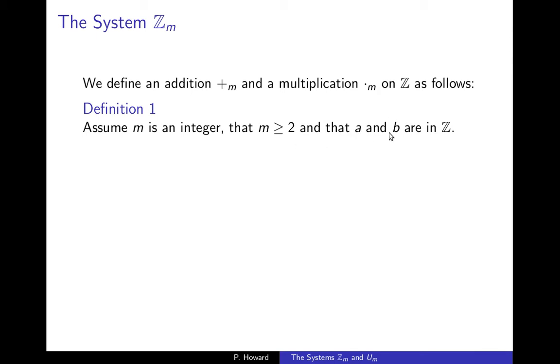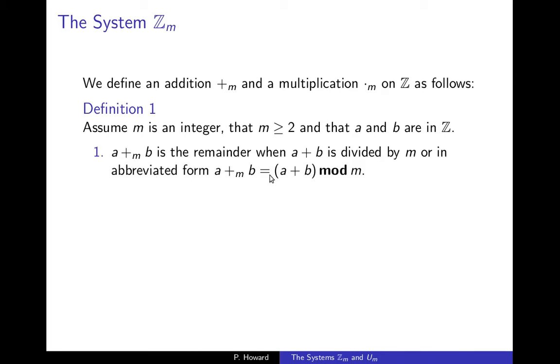And now we're taking two other integers, a and b. a plus sub m b is defined to be the remainder when a plus b, ordinary addition, is divided by m. You could say that in pretty short form using our previous notation: a plus sub m b is (a plus b) mod m, the remainder when a plus b is divided by m.